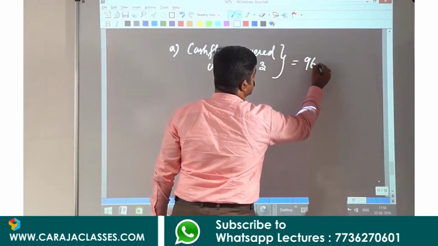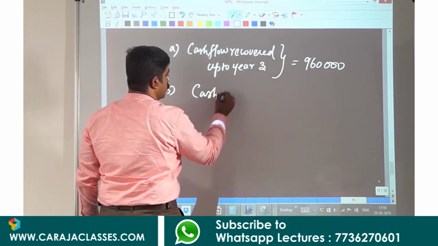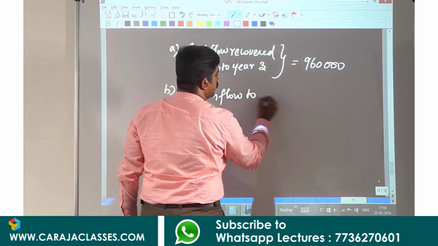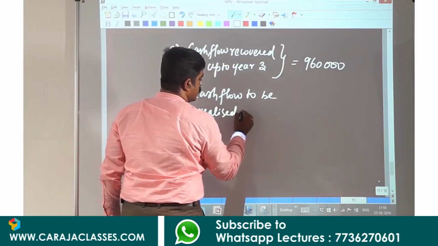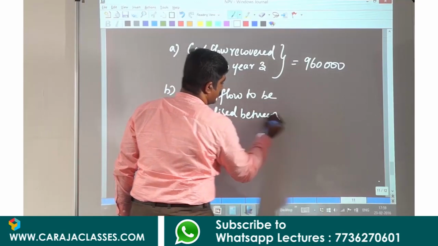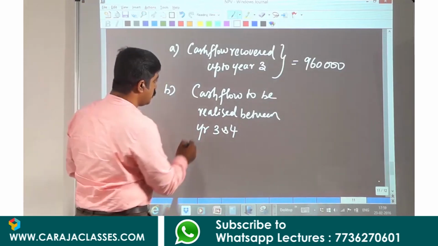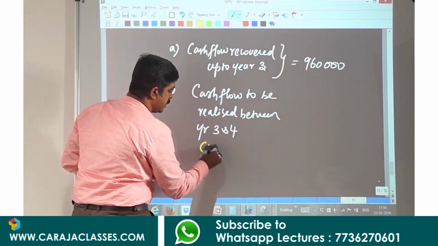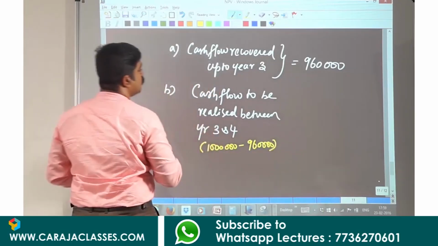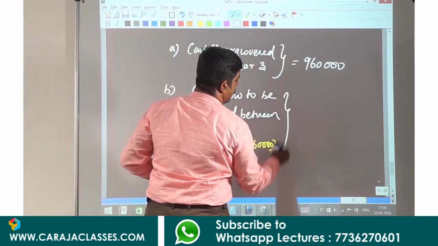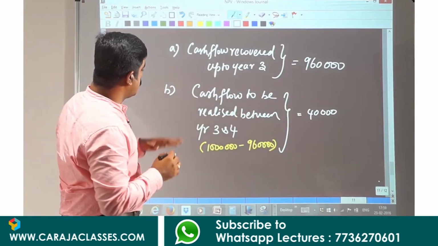Item B, cash flow to be realized between year 3 and 4, so that you can have your entire 10 lakh. And how do you write that? It is 10 lakh minus 9,60,000. So how much is it? It is 40,000. So this is the amount you want to recover between year 3 and 4.